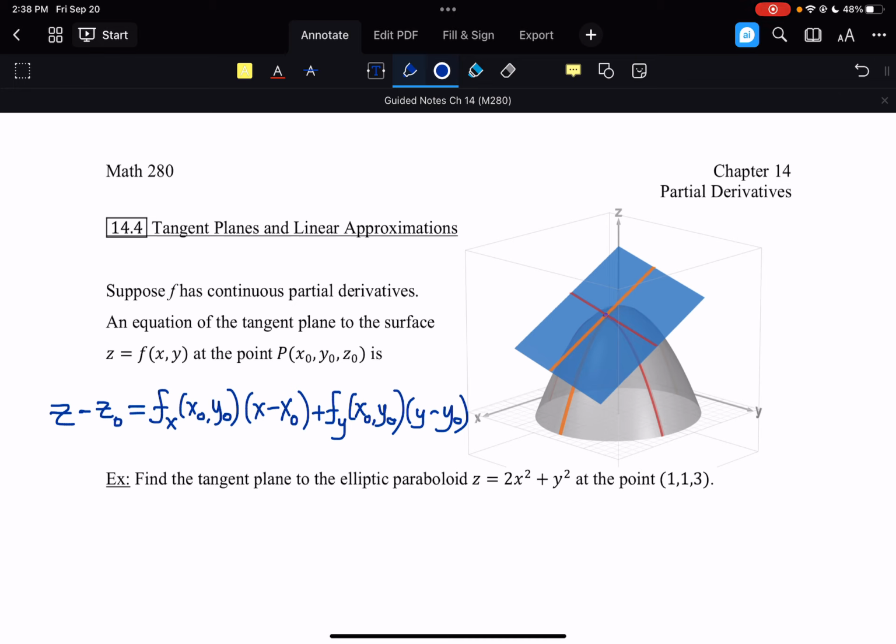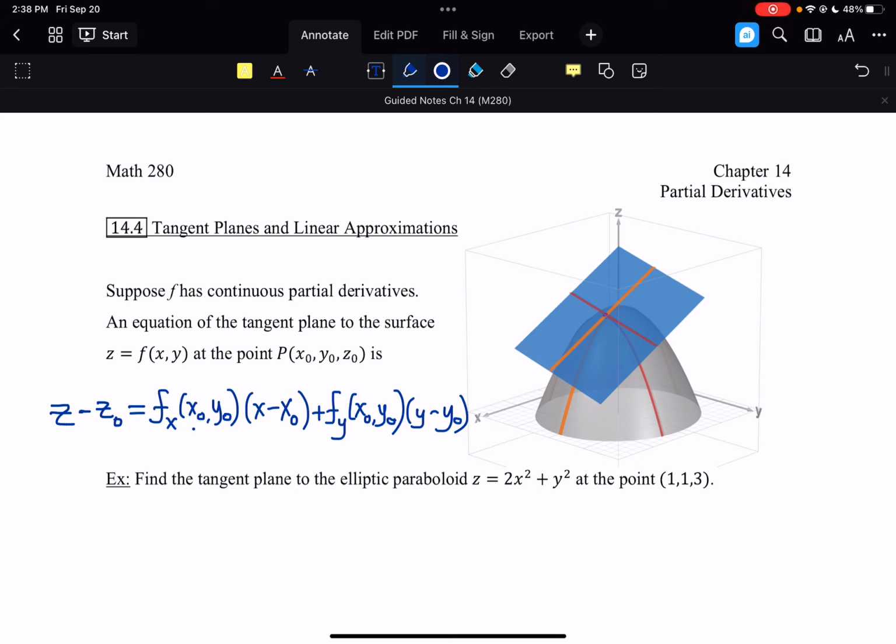So what we do is we take the partial derivatives fx and fy. So you can see we've got these two tangent lines right here. Those tangent lines are created using fx and fy, right? They give us the slopes of those tangent lines. And we can use these to construct the equation of the plane.